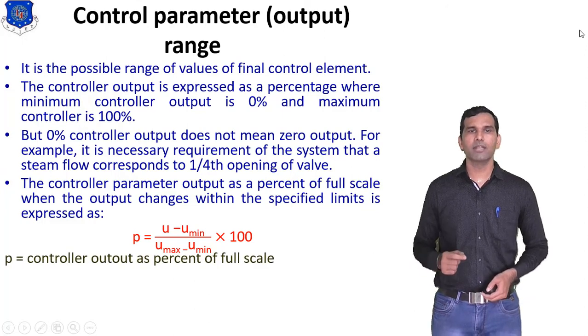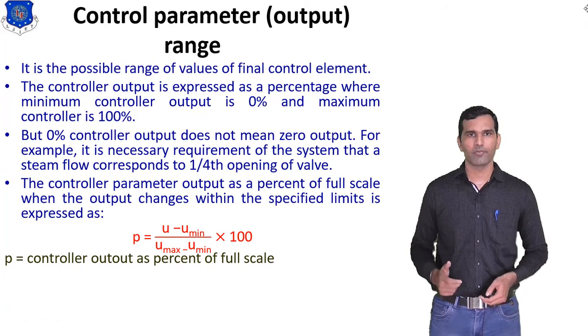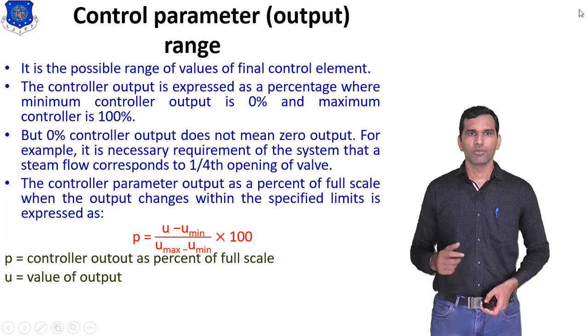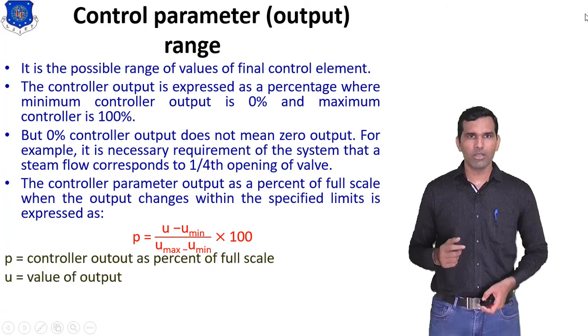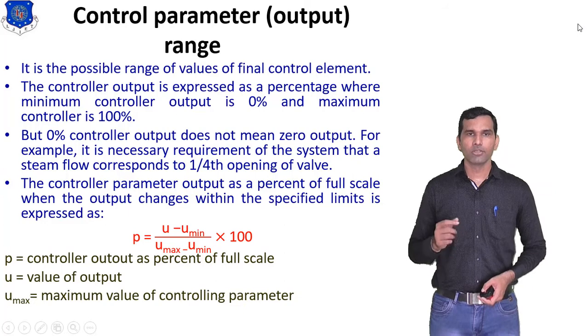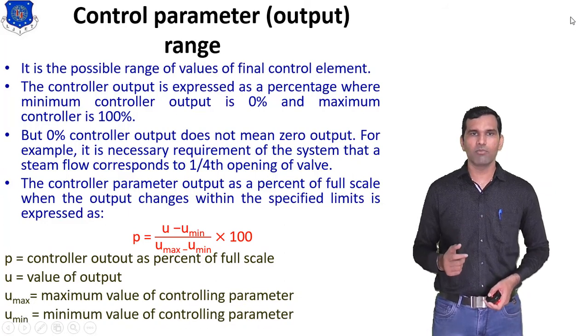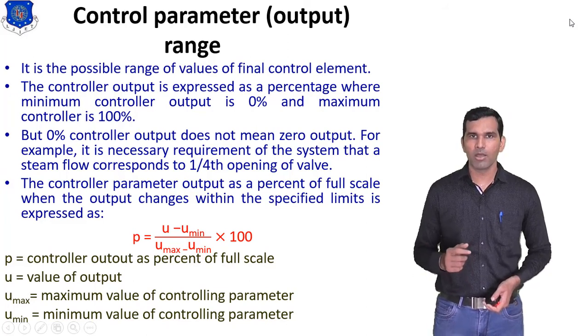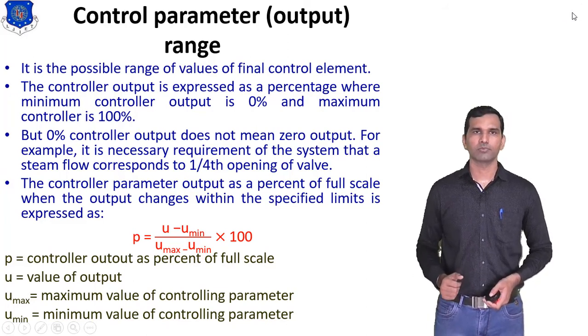Here P indicates the controller output as percent of full scale, U indicates the value of output, U max indicates the maximum value of the control parameter, and U min indicates the minimum value of the control parameter.